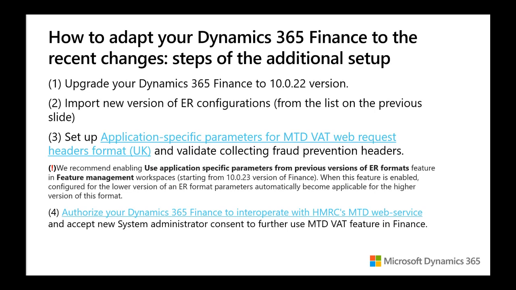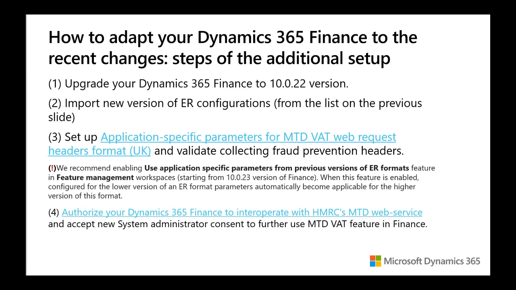Next, for the MTD VAT web request header format, the system administrator will need to provide a new setup. A new application-specific parameter was introduced for this format. The system administrator will need to specify the internet address of an external web service that would send a response containing public IP addresses.